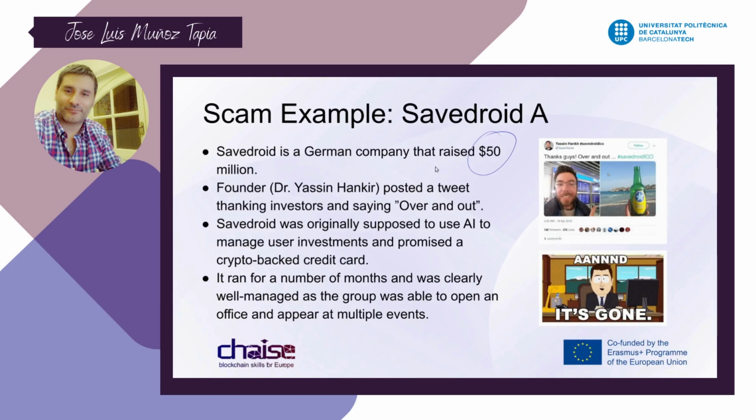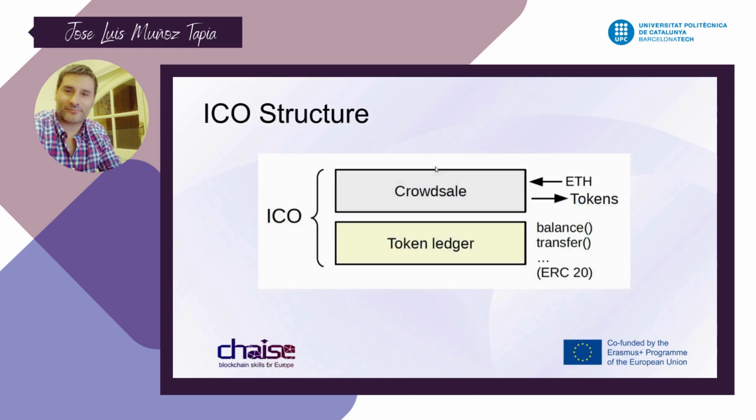Let's see how to build an ICO. Essentially, an ICO has two parts. One is a smart contract for selling the tokens.